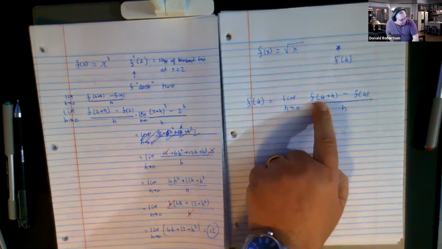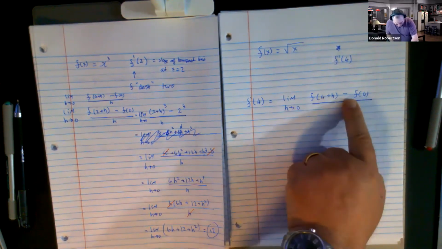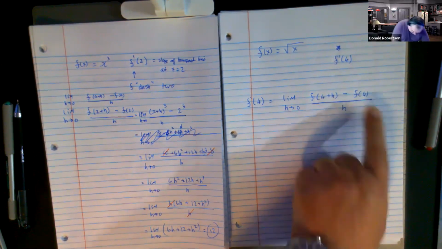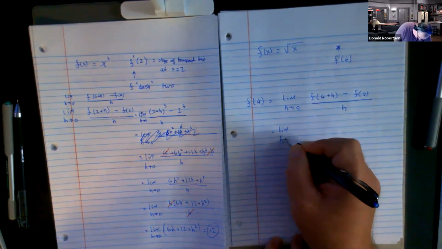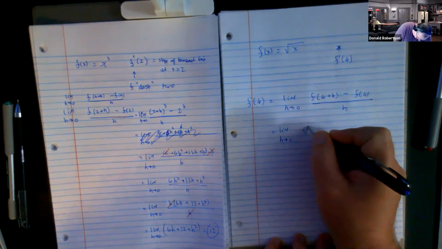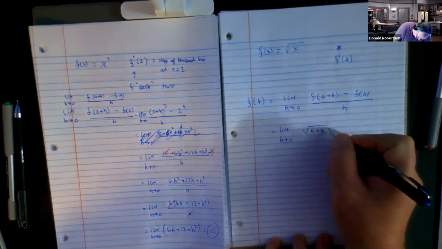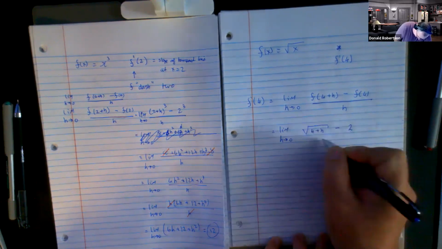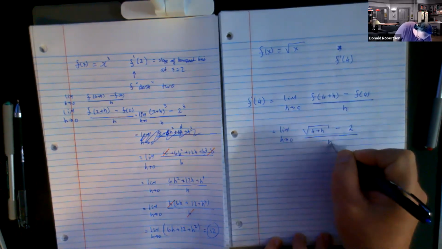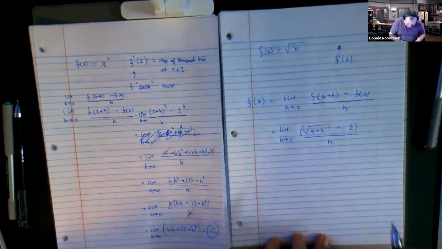Instead of a plus h, 4 plus h. Instead of take away f of a, it's take away f of 4. Now that becomes the limit as h tends to 0 of the square root of 4 plus h, take away the square root of 4, which is 2, all over h.